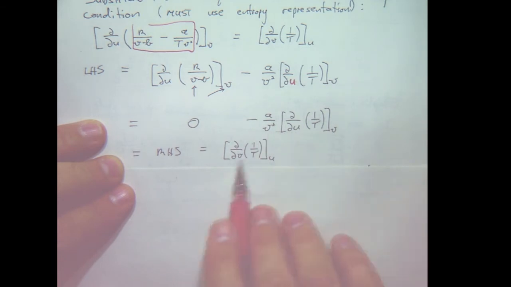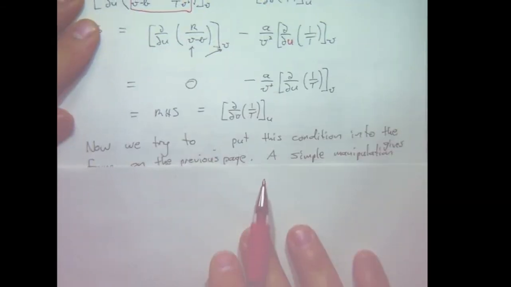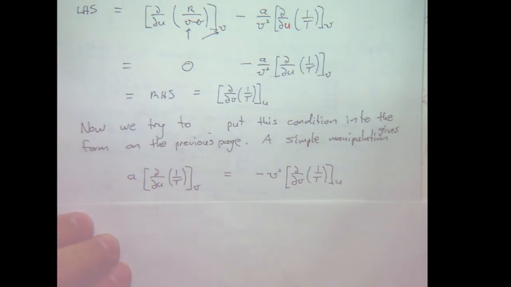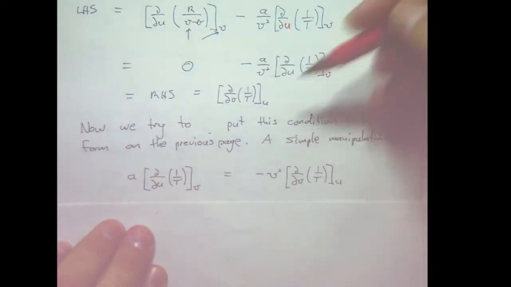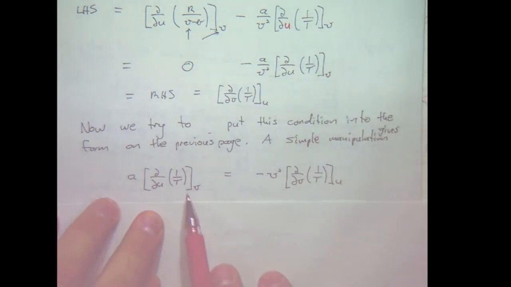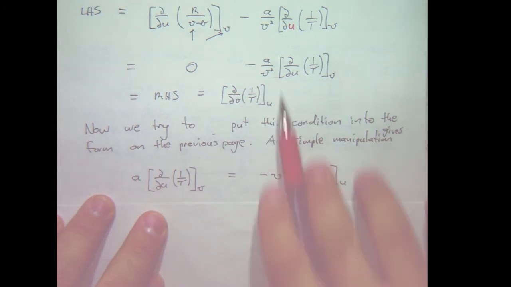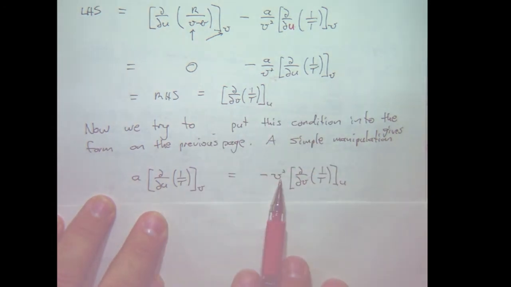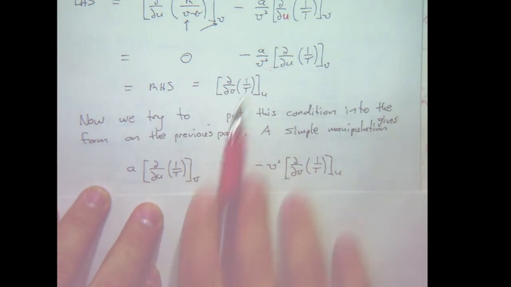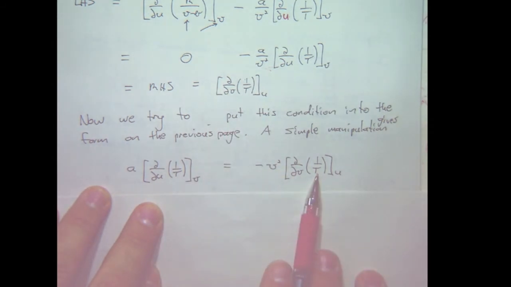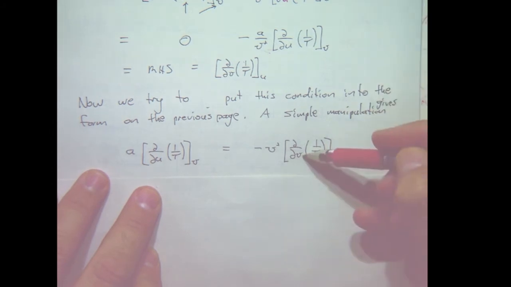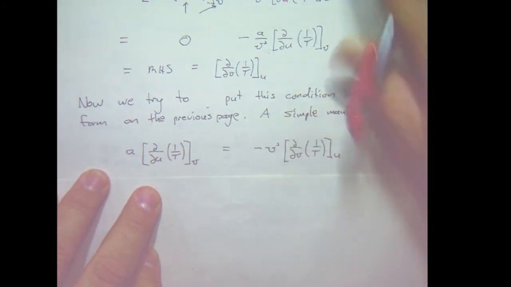So that must equal that. Just multiply, put v squared on this side. So we've got minus v squared multiplying that there, and we've got d by dv there, and minus v squared there.